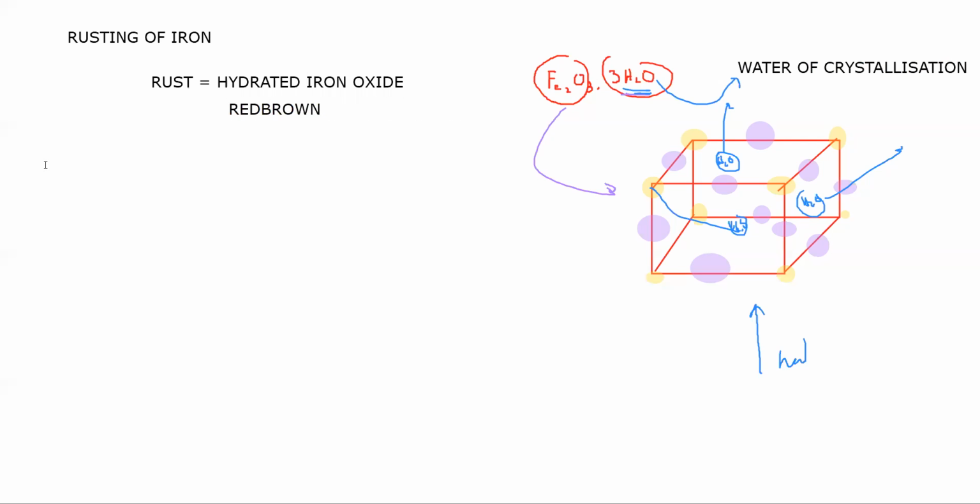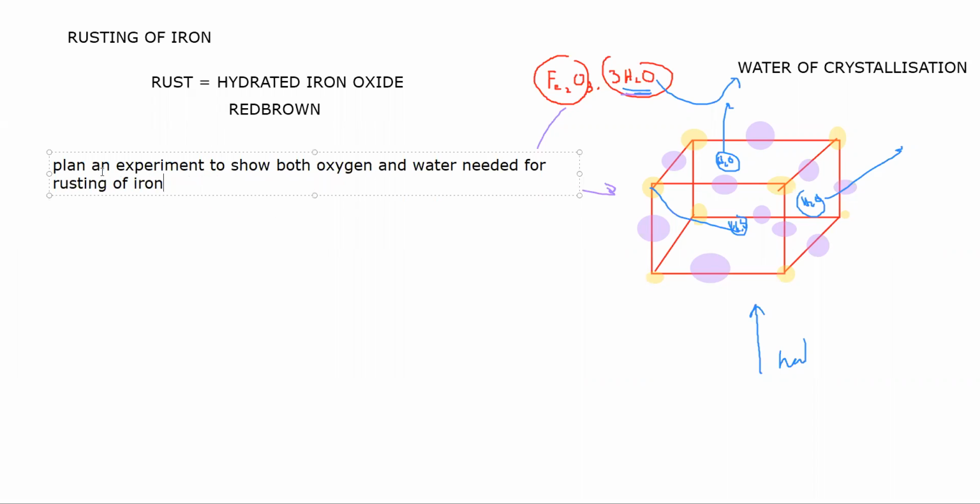So if you want to plan an experiment to show that both oxygen and water are needed for the rusting of iron, we need both water and oxygen for rusting to occur.